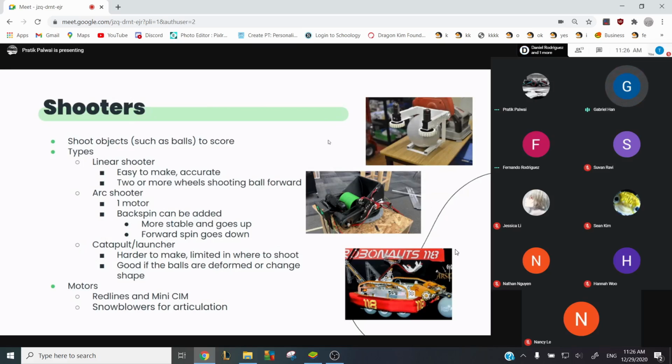If the ball is a little bit deformed or smaller, then your linear shooter might have a hard time getting as much grip on the ball as normal, whereas the catapult will just shoot the ball anyway. The motors used for these kinds of shooters are usually Redlines and mini CIMs, and maybe snowblowers for articulation.